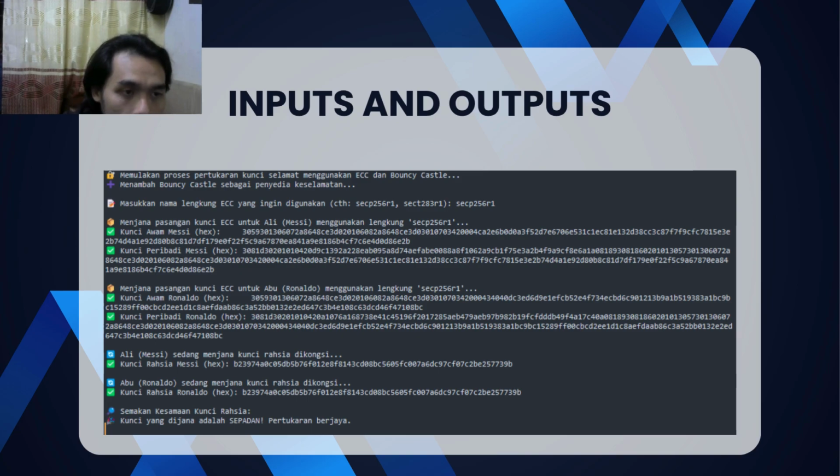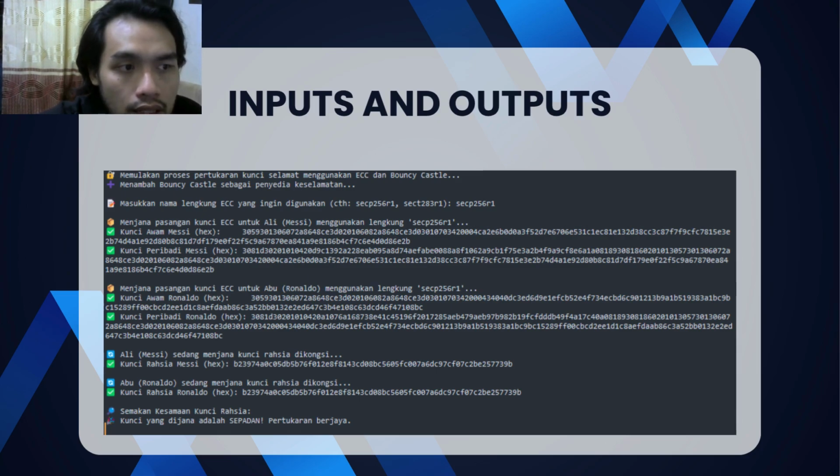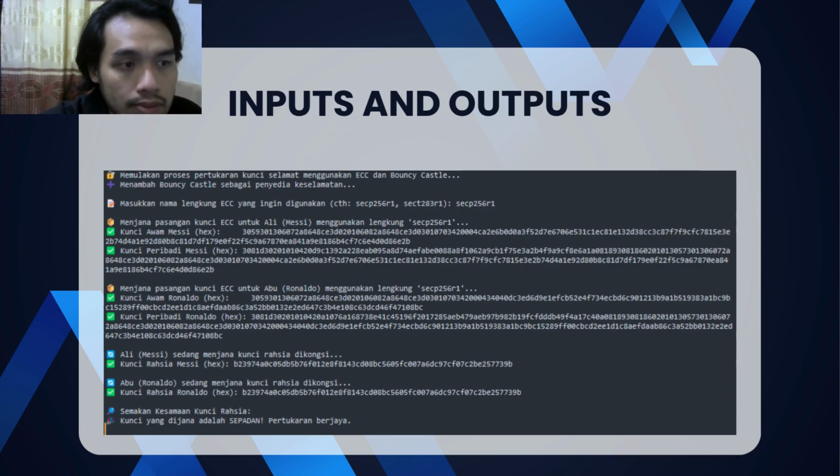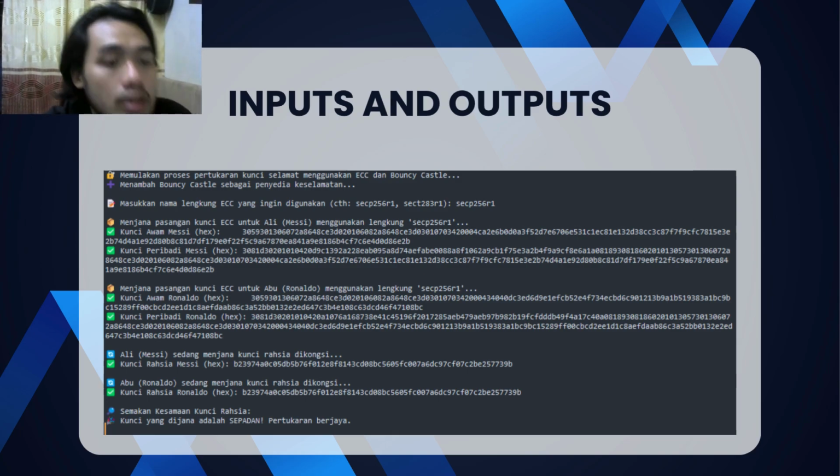From that curve, they won't even intersect with each other, which my previous teammate has explained before. So from that, we can say using ECC actually makes a simpler and safer method of encryption than most encryption keys that we have seen before.